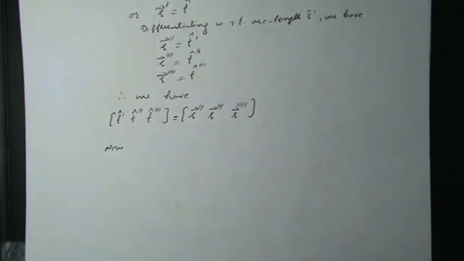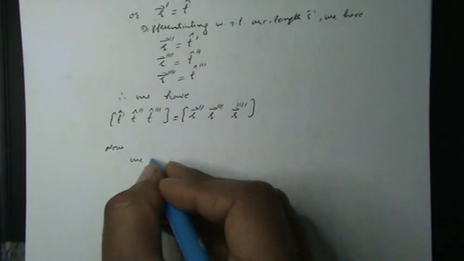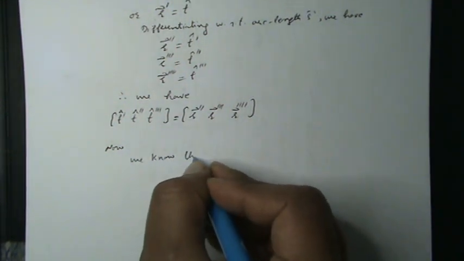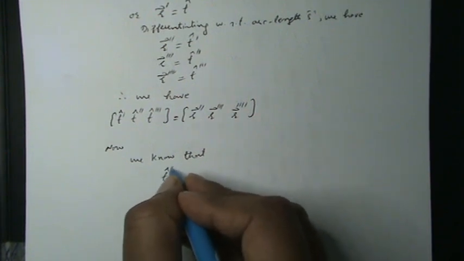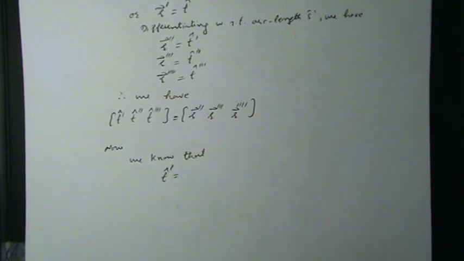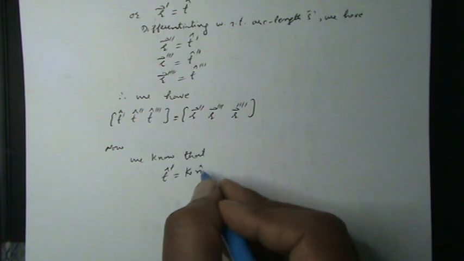Now we know that t dash is equal to kappa n.